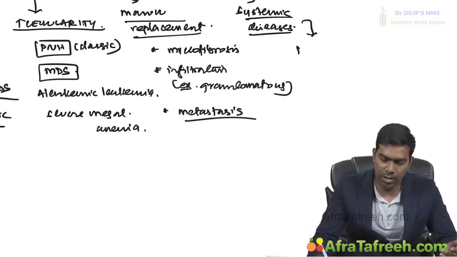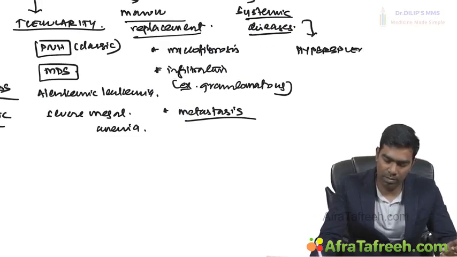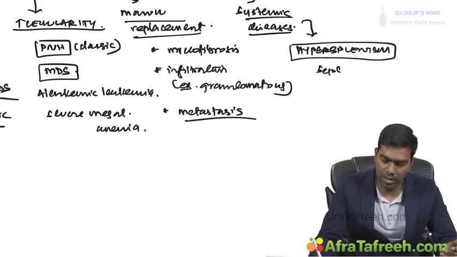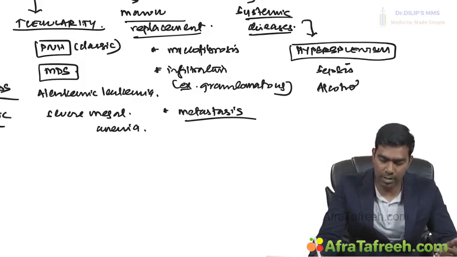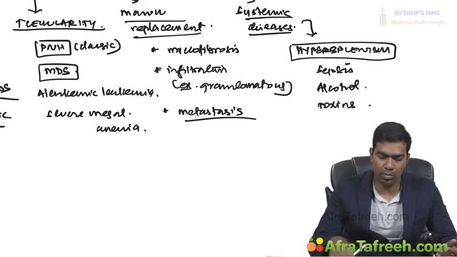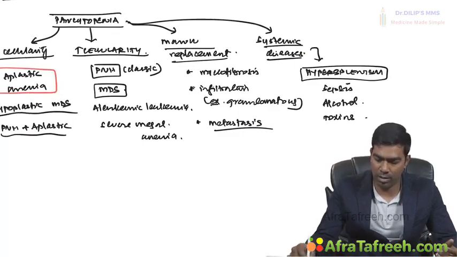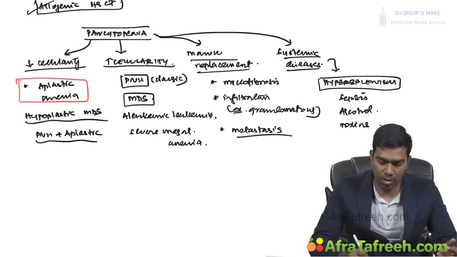Among systemic diseases causing pancytopenia, the most important will be hypersplenism. Apart from that, you might get pancytopenia in sepsis, because it causes DIC also. Alcohol and a lot of toxin-related things can also produce pancytopenia. But apart from this, what is very important?